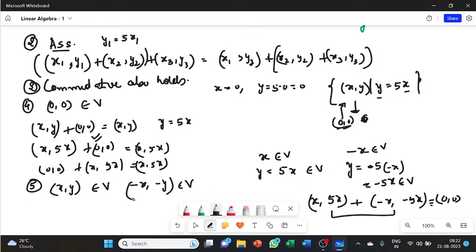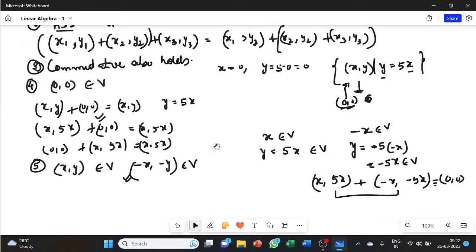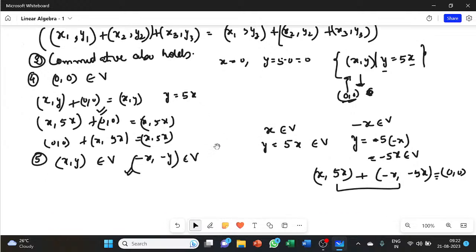So therefore there is an existence of inverse element.